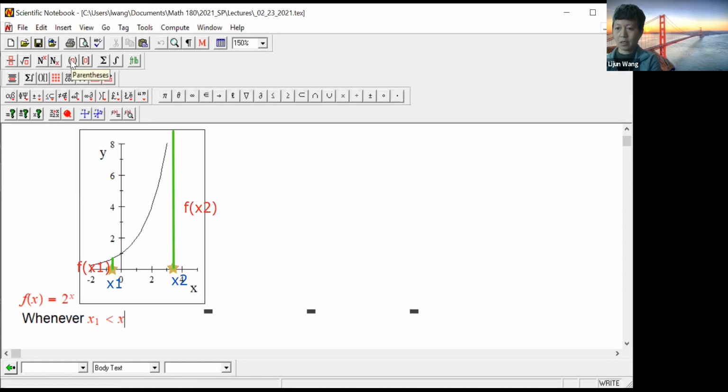Whenever the input x1 is smaller than x2, two to the power of x1 is smaller than two to the power of x2. Last time we did not use equal to, right? That's a one-to-one function, isn't it? So now it's about increasing function.